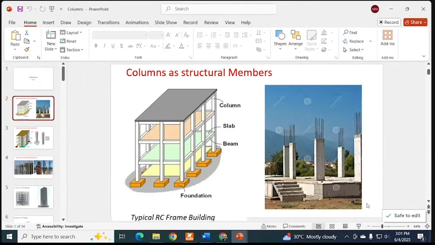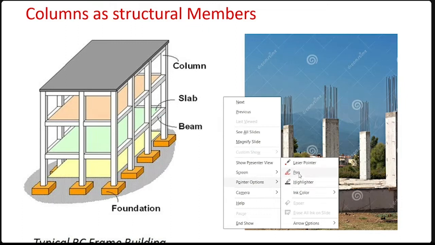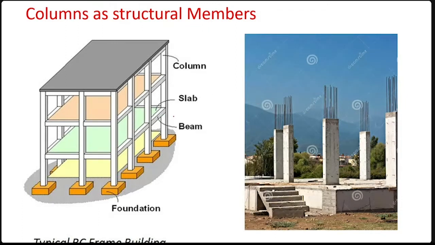So there you go. It's a small building, but as you design the beams, you need to understand that it depends only on the floor load. And floor load remains the same in every floor.